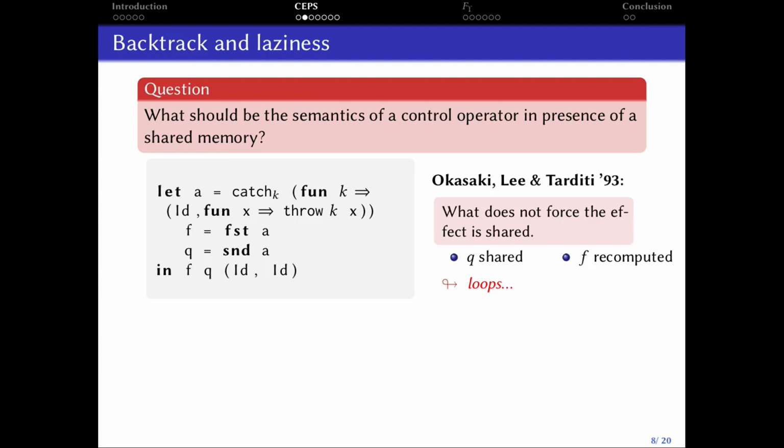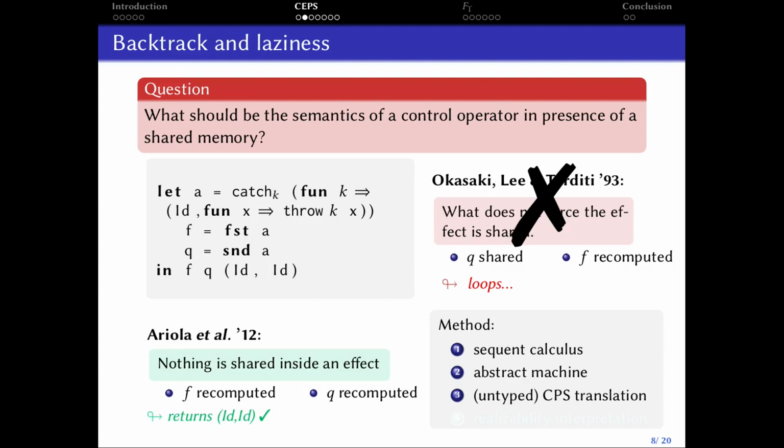You can pause the video if you want to look at the code example on the left. But in their semantics, they were saying that what is not forcing an effect, so what is not leading to a throw, has to be shared. So in particular, in this example, F and Q, Q is shared and F is recomputed. And in the end, if you look at this very particular example, it is going to loop, while it shouldn't.